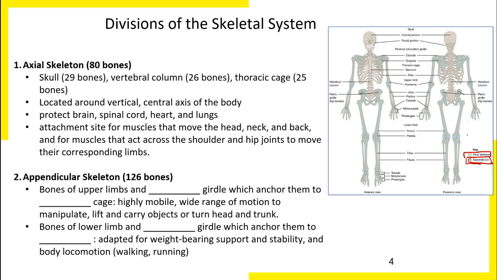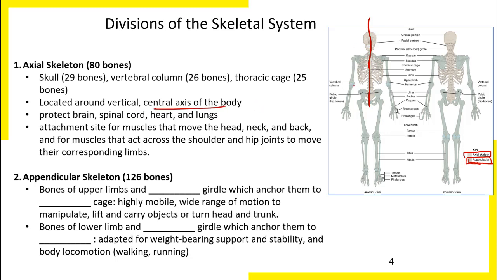If you look at the bones of the axial skeleton, it includes all bones that, if you stick a rod right down the center of the skull, are around the central axis of the body.